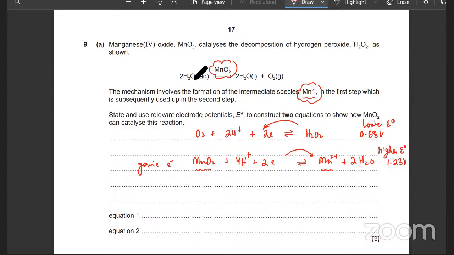The only thing that's present was the one that was going to lose electrons, which in this case would be H2O2, because that's the only thing that's present. So I found an equation where H2O2 is losing electrons, so it must be on the right side, so that in the reverse direction it loses electrons.